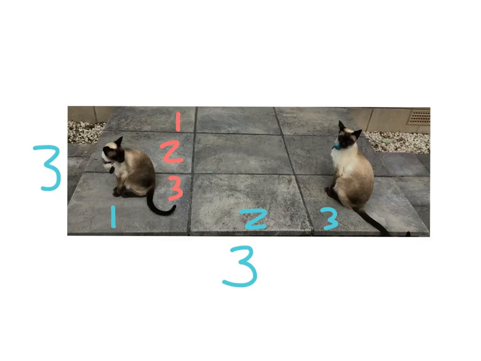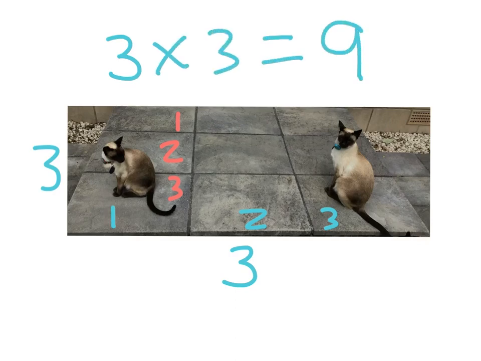Now we might remember that we have 9 in total. I'm wondering if there's a times table you can think of which involves a 3, and a 9. Well done if you got it. 3 times 3 equals 9.